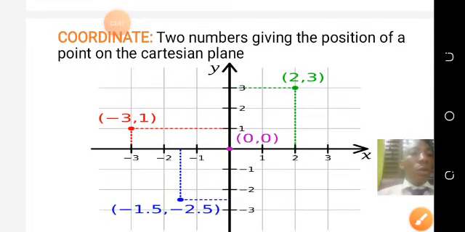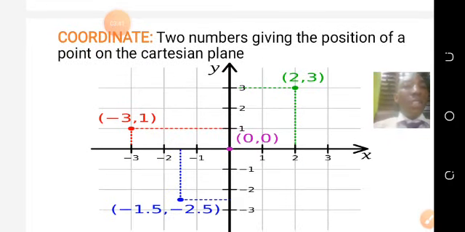Let's see. What do we now call a coordinate? A coordinate is the two numbers giving the position of a point on the Cartesian plane. That is, you trace the x-axis and trace the y-axis, and where they both meet is what we call the coordinate of that point.